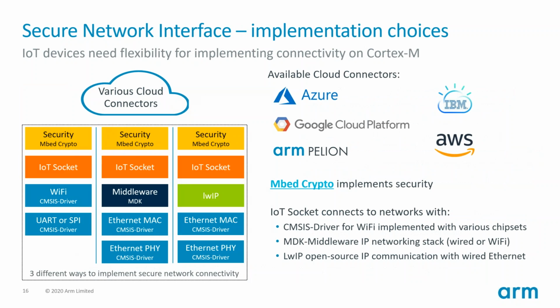So if we look closer into the secure network interface, here with the CMSIS components and MDK middleware, there are multiple choices available for the users, and that all lead to the same result. The device gets connected to the cloud, and as you can see, the upper layers that are used are the same.